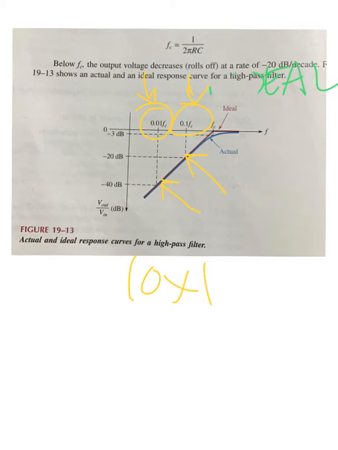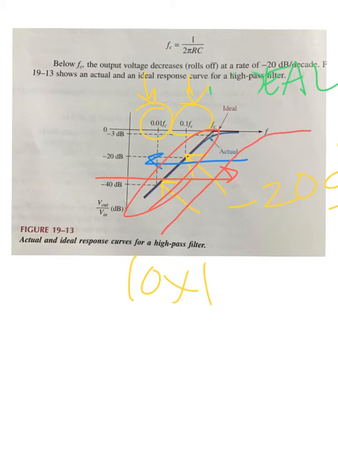A decade is what we call it. And so we get minus 20 decibels per decade of decay in this curve, or in this case, rise. It depends on what you're talking about. If you're talking about the frequencies going down, we're talking about decay. If you're talking about the frequency going up, we're talking about the rise of the wave.